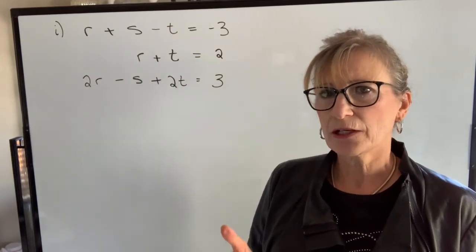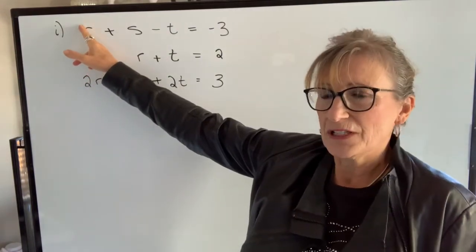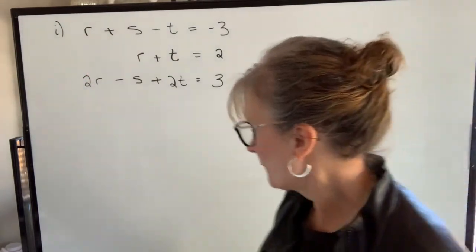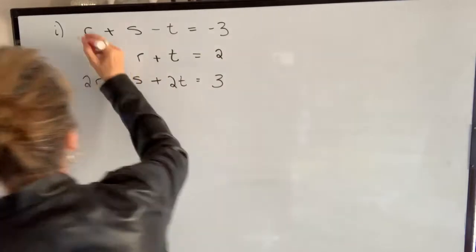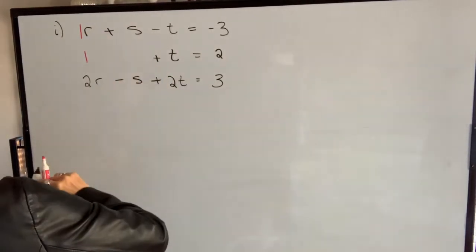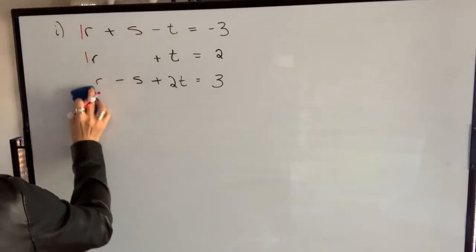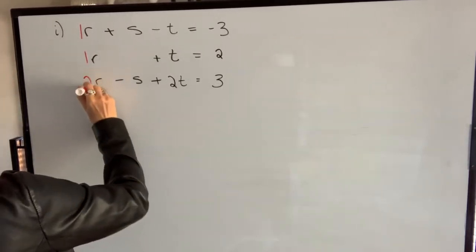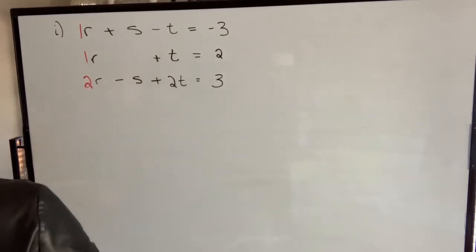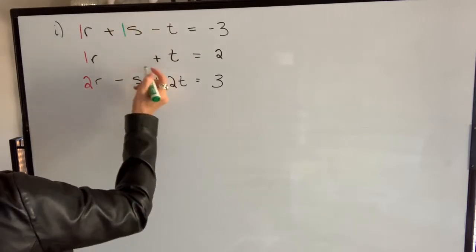Before I start, I want to color code all of the coefficients. So if there's no coefficient there, it means the coefficient is a 1. I'm going to use red for R. I'm going to move this term over where the R's are. I'm going to use green for the S coefficient, so I have one S here.